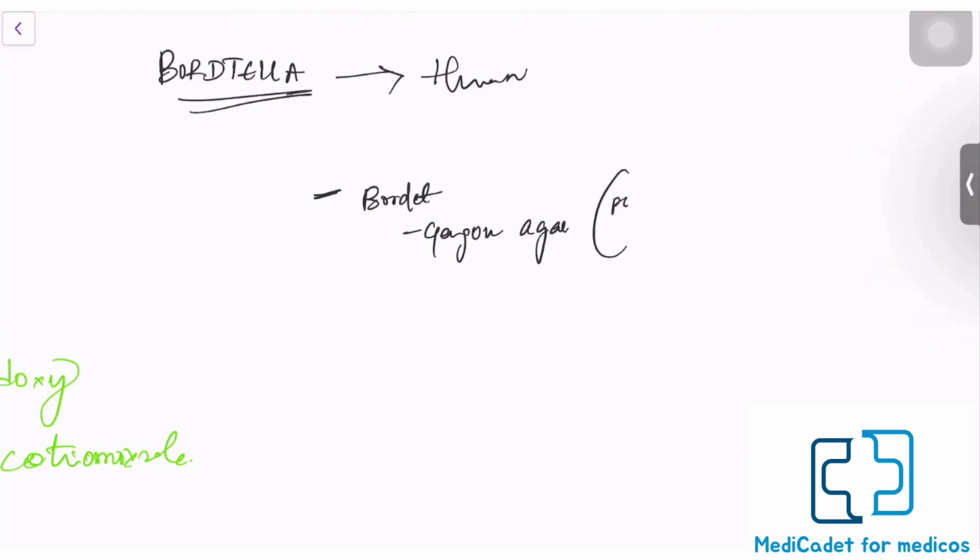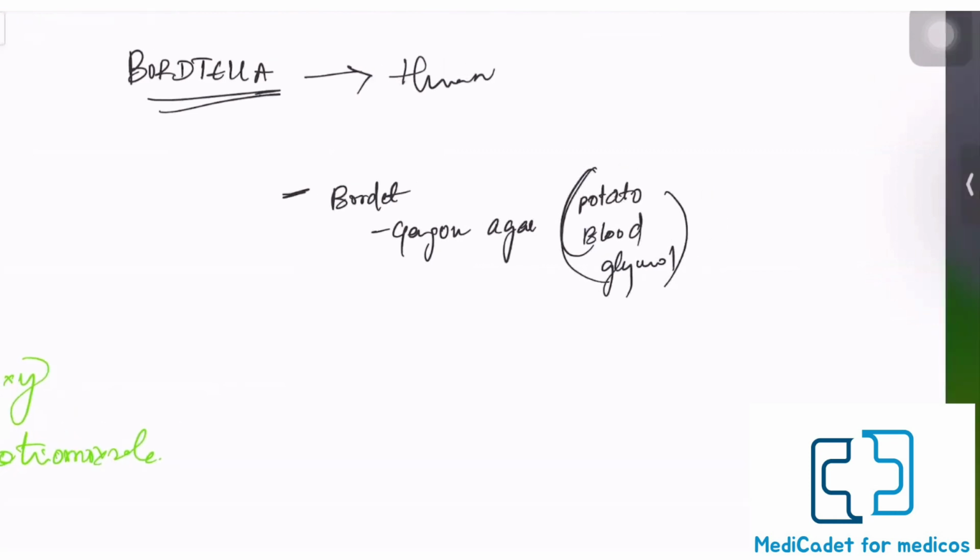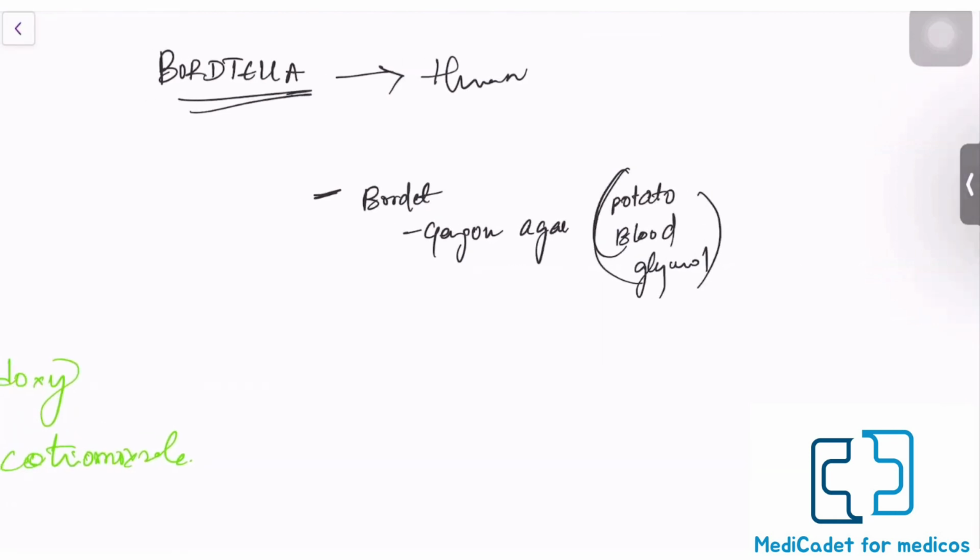This agar contains potato, blood, and glycerol. This agar is used to grow Bordetella. You're not going to see any other organism growing on this agar, only Bordetella.